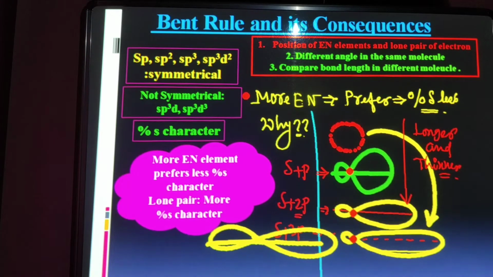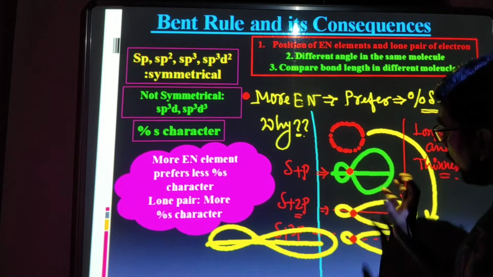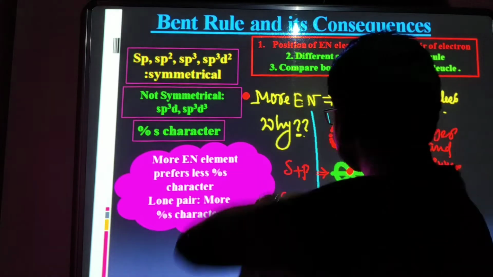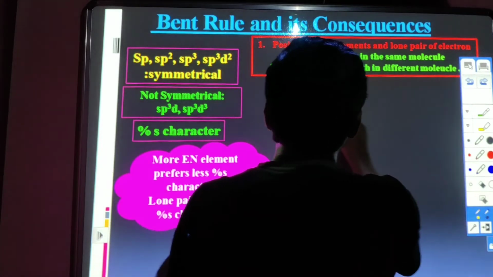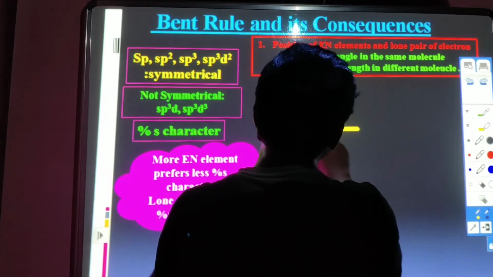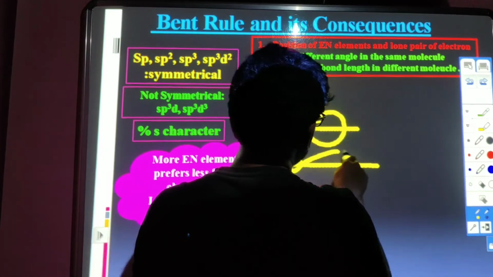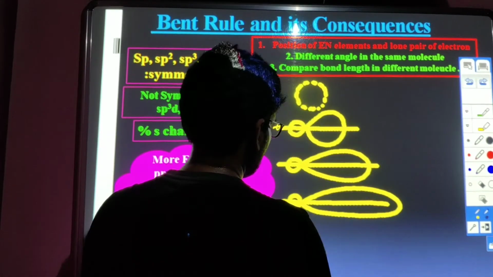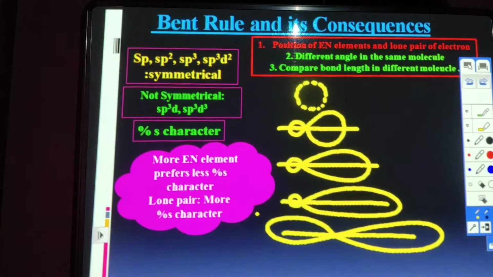Out of these 5 orbitals, if fluorine wants to attach or form a bond, where will it comfortably form the bond? That is your question. Say this is s, this is sp, this is sp2, this is sp3, and the last one basically the p orbital, like that. Correct?